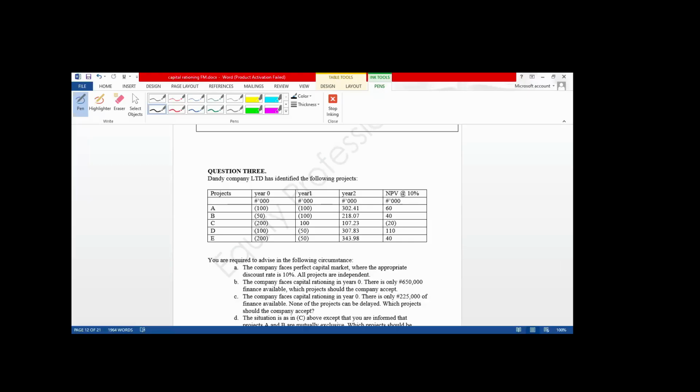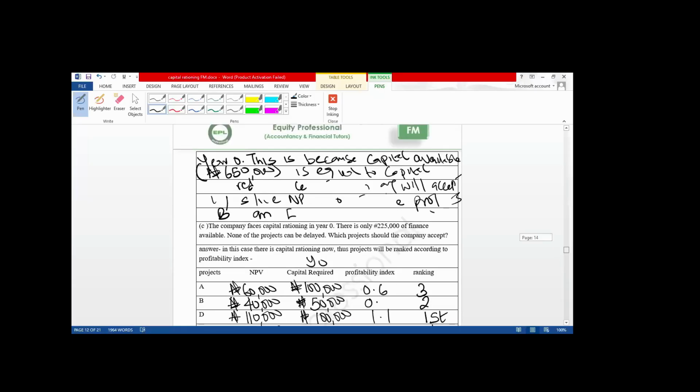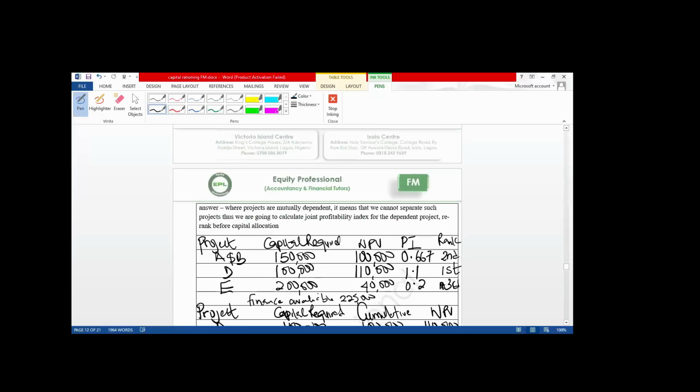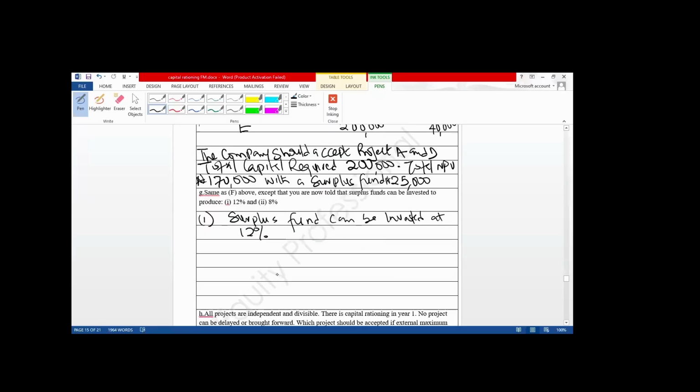You can either do calculation or be smart. Your cost of capital is 10%.